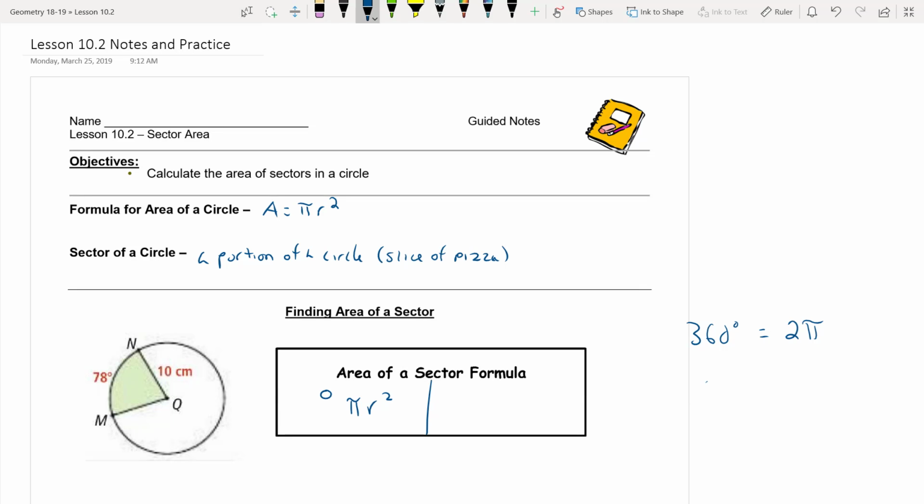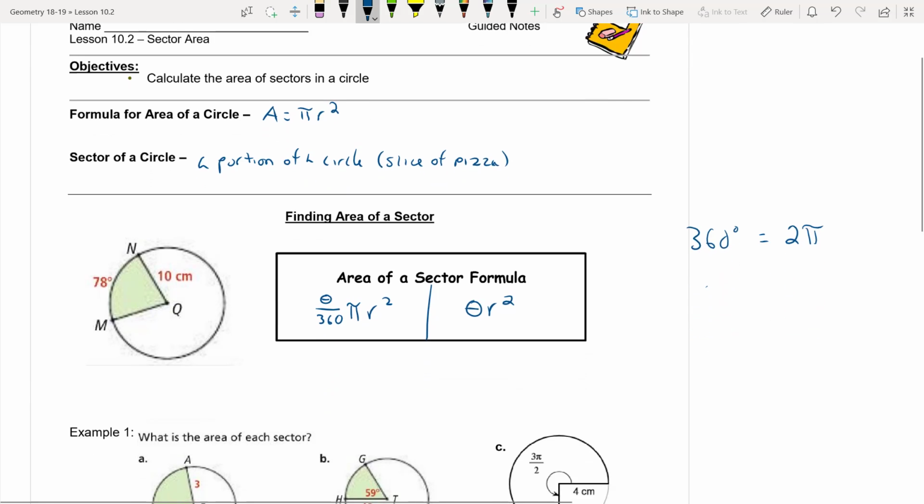So it's going to be theta, our angle measure, over 360 times pi r squared. So you're just taking a portion of your figure. Now, when it comes to radians, we've already got pi involved. So it's just one half theta times radius squared. And that gives us the area of a sector there.